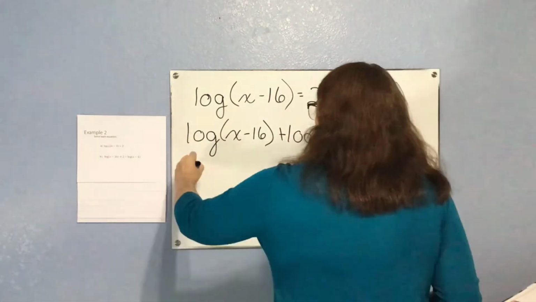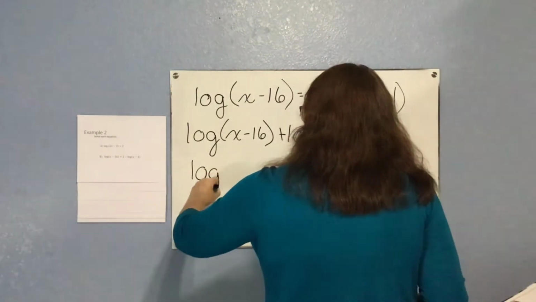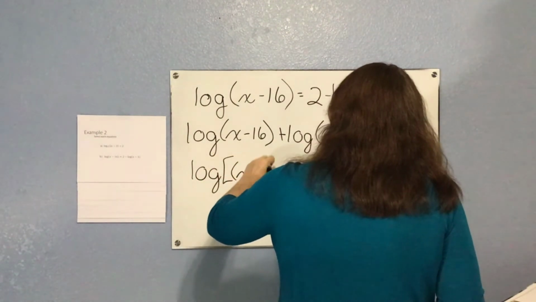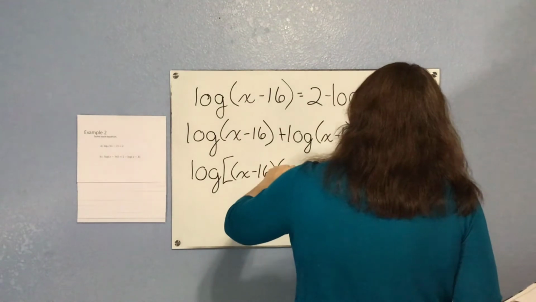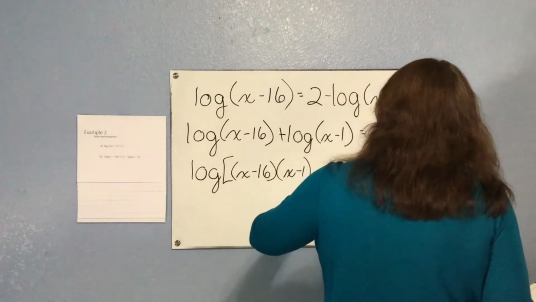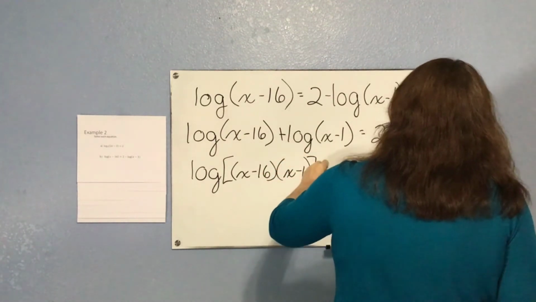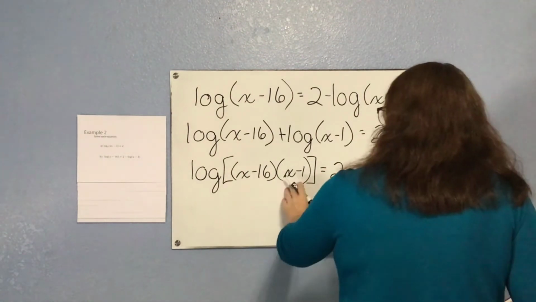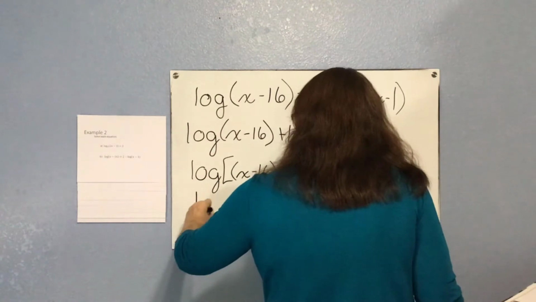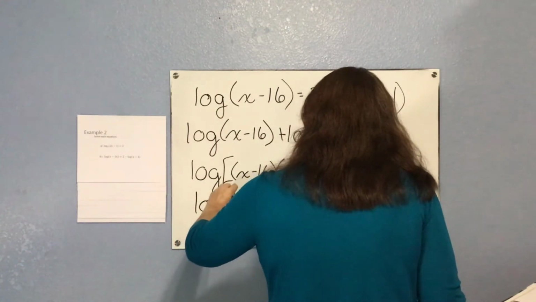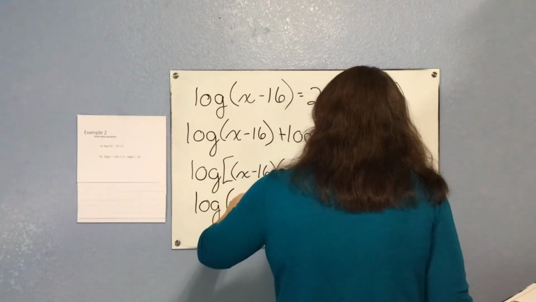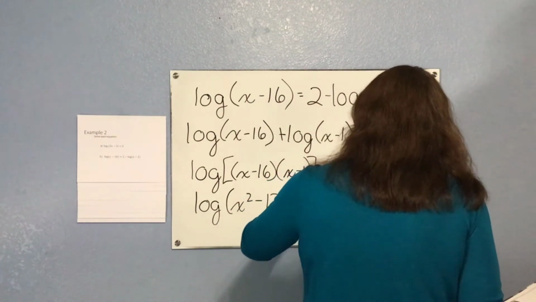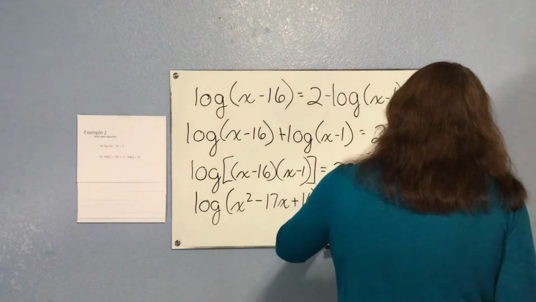And this lets me write log of x minus 16 times x minus 1 equals 2. When I multiply this out, I get the log of x squared minus 17x plus 16 equals 2.